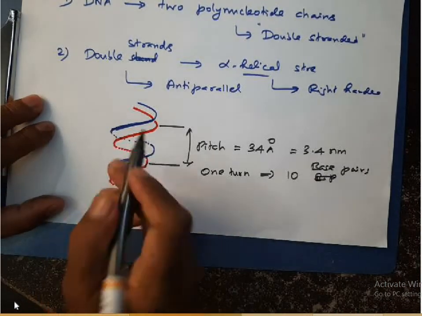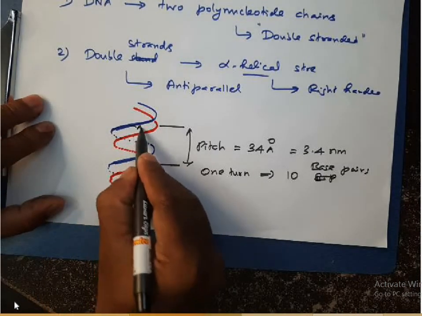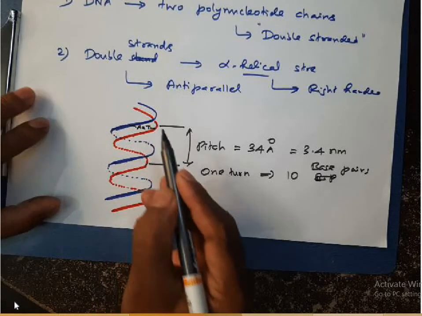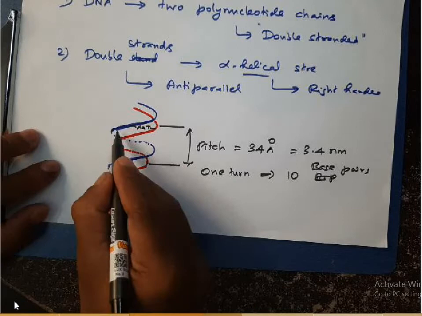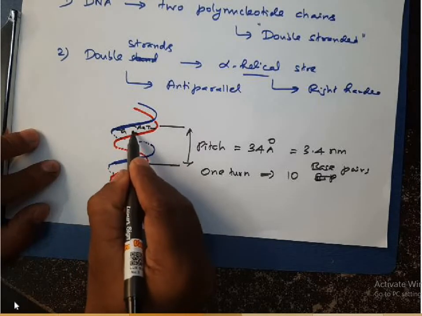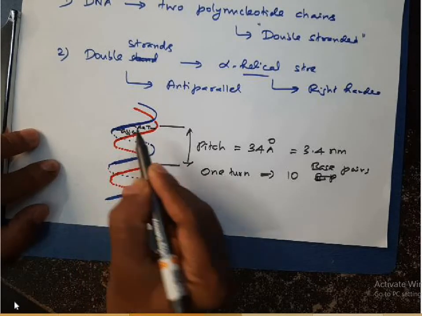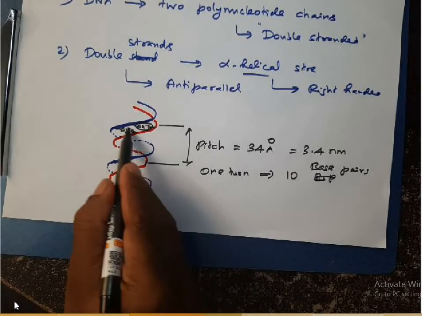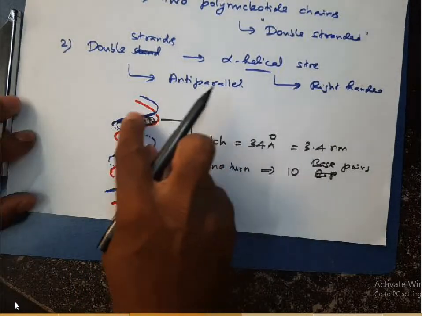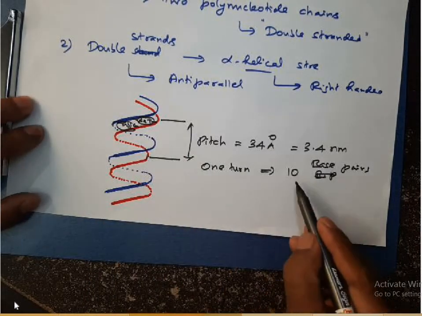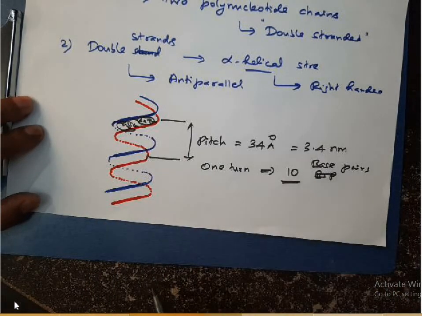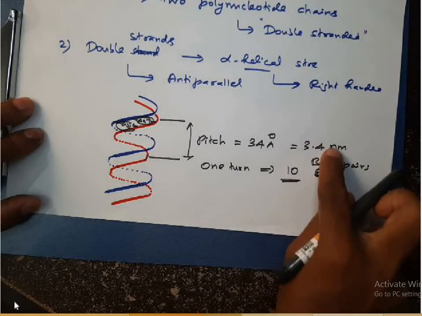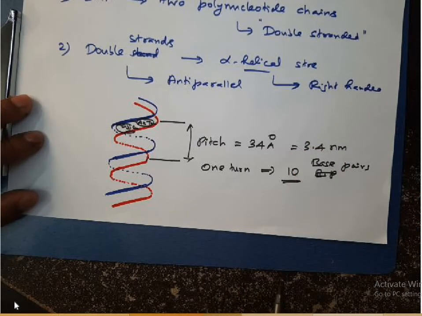Because if one chain has adenine, the other chain has thymine exactly opposite. Between adenine and thymine there are 2 hydrogen bonds. And if I have guanine here, the other chain has cytosine. Between guanine and cytosine we have 3 hydrogen bonds. We call this a base pair. How many base pairs are there in one turn? There are 10 base pairs in one turn. So for 10 base pairs, the length is 3.4 nanometers.